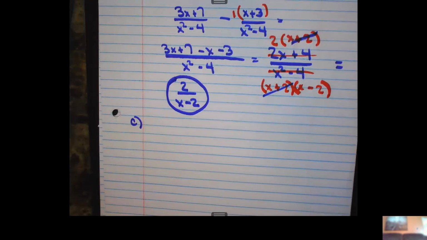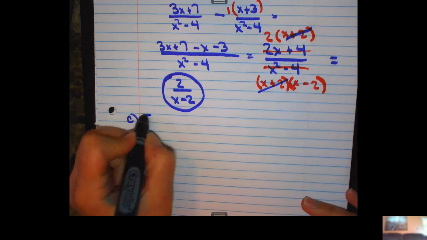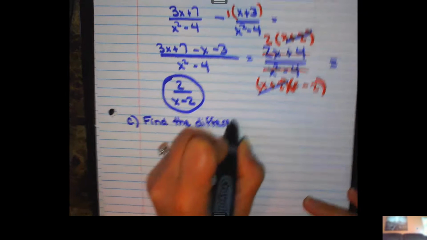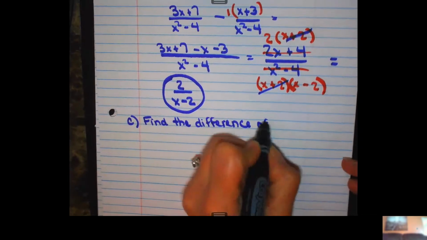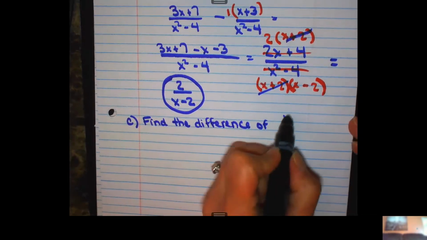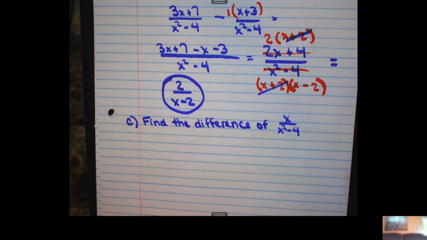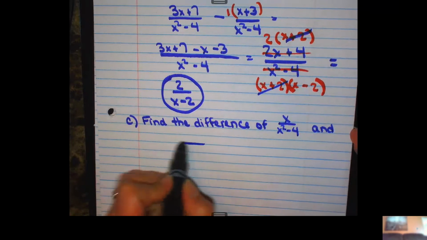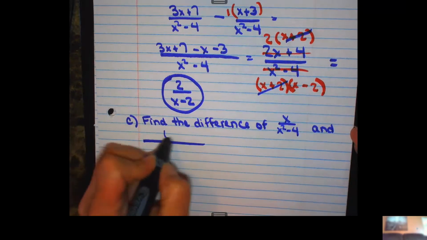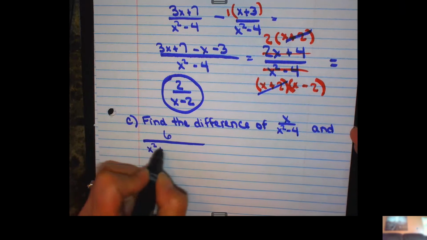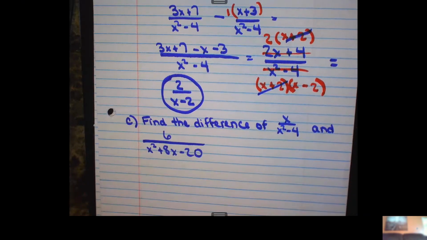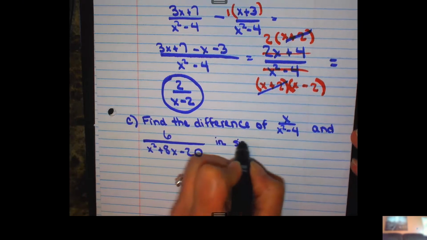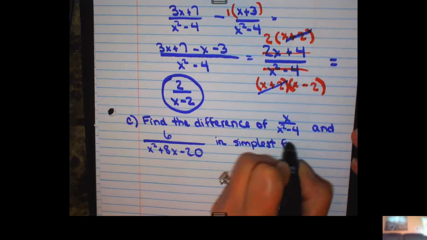So example C, can you write for me, find the difference of, and can you write x over x squared minus 4, and put the word and, another fraction, 6 goes on the top, x squared plus 8x minus 20 goes on the bottom, and then the directions finish it off. Can you write in simplest form?